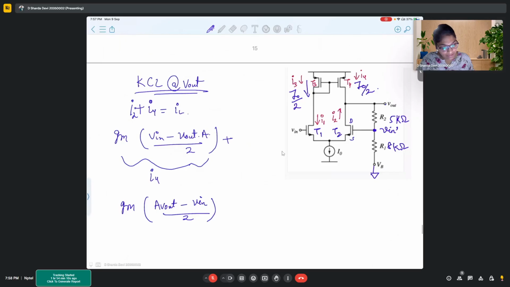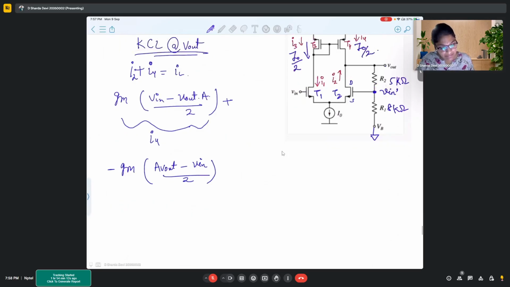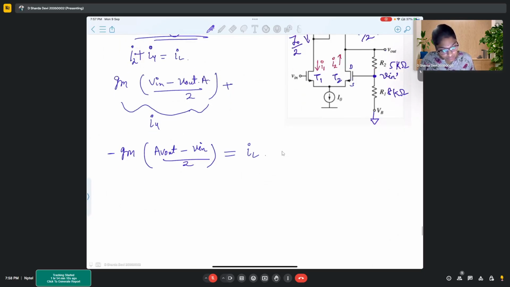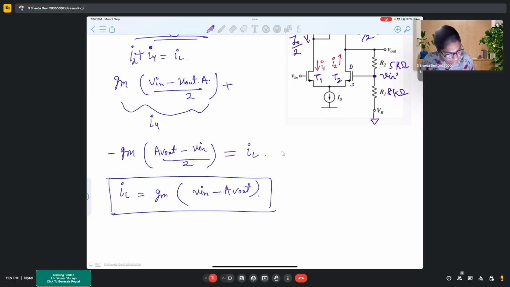So here for I2 we will use another minus here. This will give us IL, okay? So IL will become GM into Vn minus A times of V out. This is IL. This we get from the current equations of the transistors.